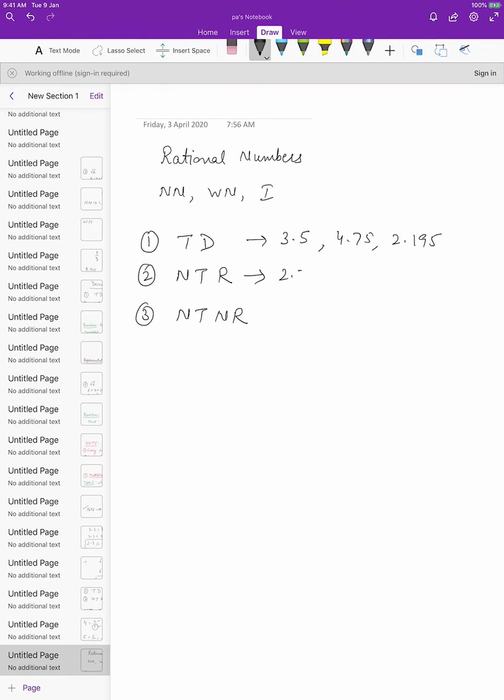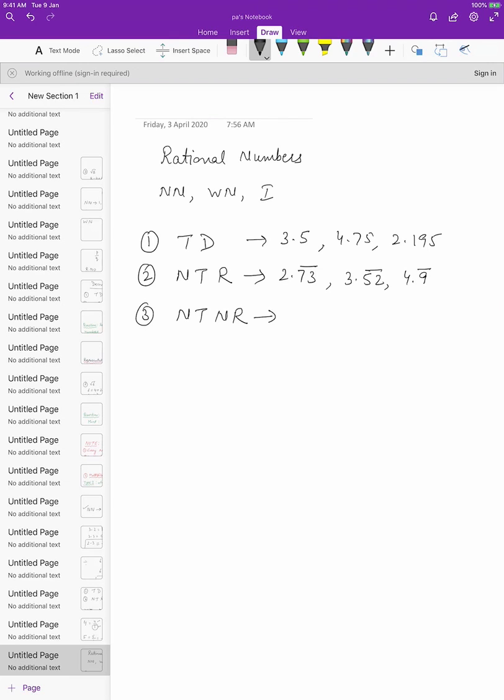Non-terminating repeating decimal is like, say, 2.73 bar, which means the 2 digits will repeat themselves again and again, or 3.52 bar or 4.9 bar and so on. They can be non-terminating and repeating decimals.